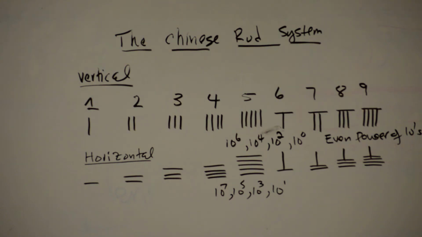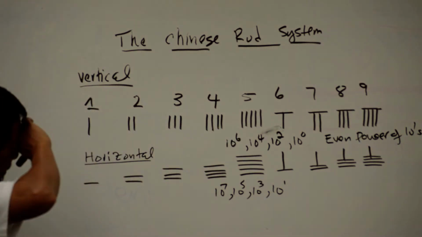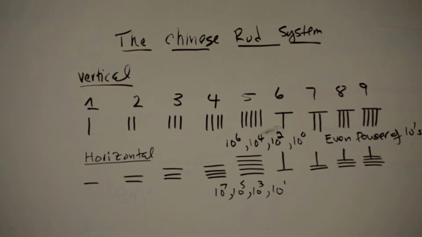Now, let's say I would like to write an example. In the Chinese rod system, if there's a space, this is called 0. There's no 0 symbol in this case.